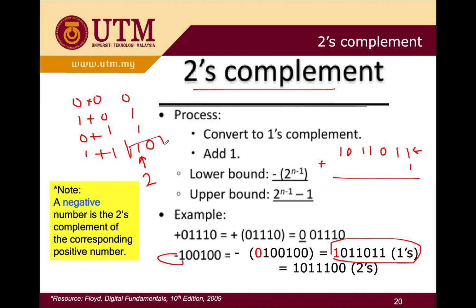This is not 10, but this is 2 in decimal. This is in binary form. So that's why 1 plus 1, you get 0, and you put 1 at the top over here. 1 plus 1 gets 1 over here. This is how you add. So you get the answer for your second complement.